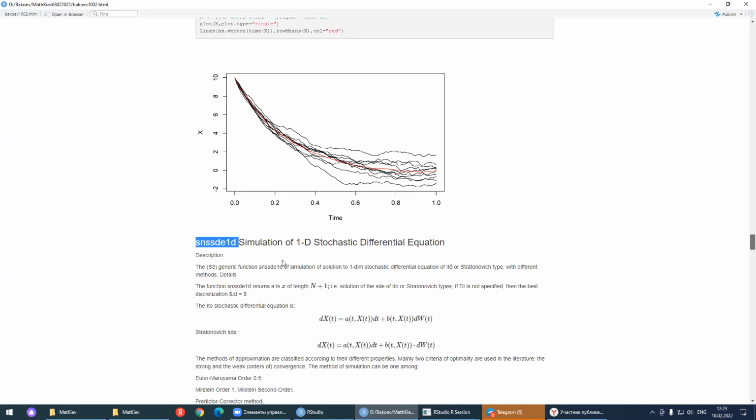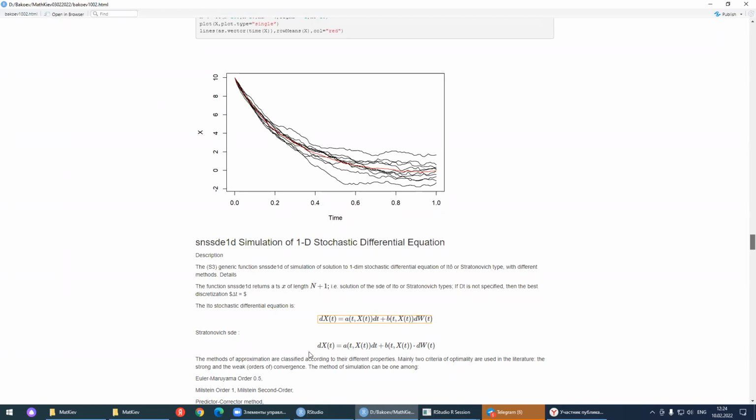Let's consider the next stochastic differential equation, the Ito or Stratonovich stochastic differential equation of this form. Here R is some function.